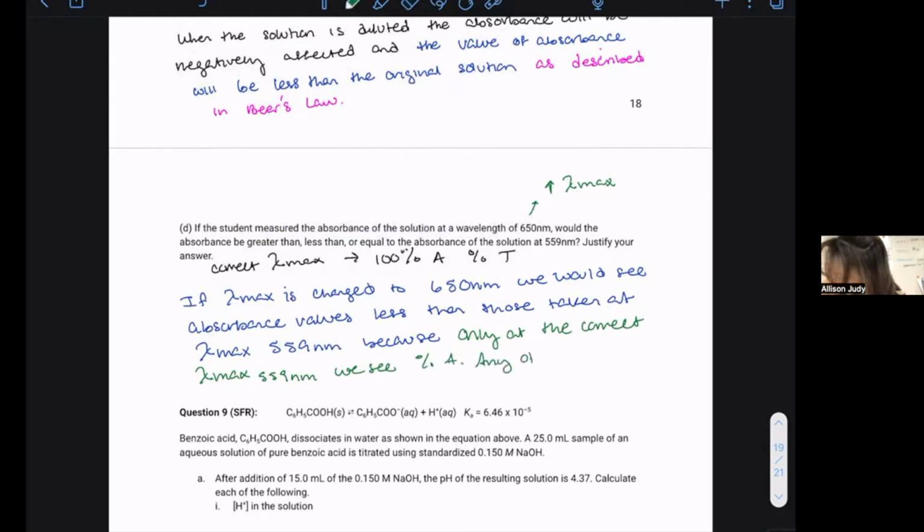Any other lambda max would report lesser values. All right, so right there. All right, good job, you guys.